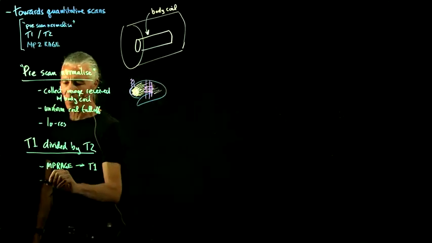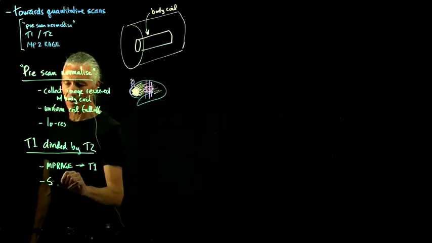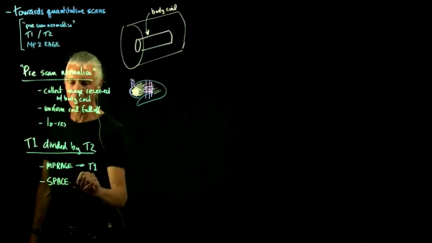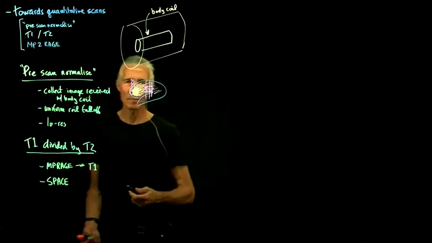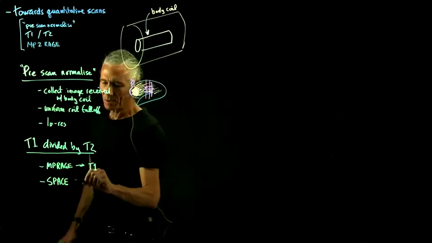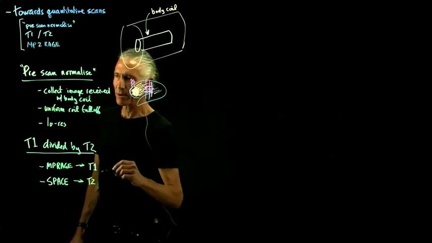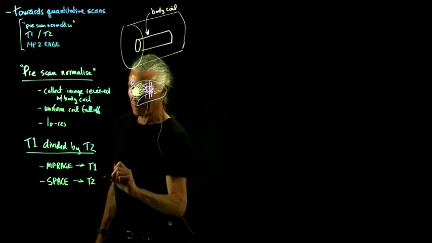And then we take another image like that one that I talked about, like the really fast spin echo, so it's like a SPACE scan. You can make a SPACE scan proton density weighted, but you can also make it T2 weighted. If you make it T2 weighted, there's no difference between gray and white, so gray matter is about the same as white matter.